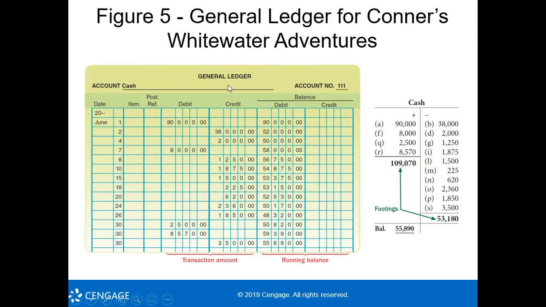The difference is that this ledger account is keeping a running total. The owner invested 90,000 cash, then we had 90,000. We spent 38, then we're down to 52. We spent 2,000, then we're down to 50. We earned 8,000, then we're back up to 58. We spent 1,250, we're down to 56,750, and so on and so forth. With ledger accounts, and especially in accounting software, it's not only keeping track of the debits and the credits, but it's keeping this running balance as well.